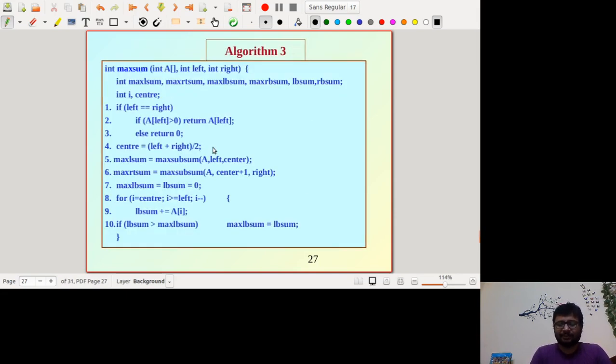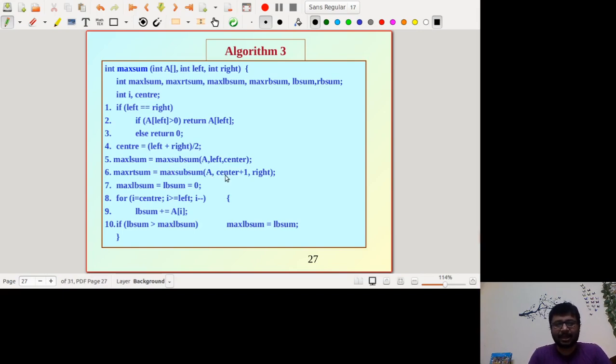Now, you recursively run your program on the left half of the array and also on the right half of the array.